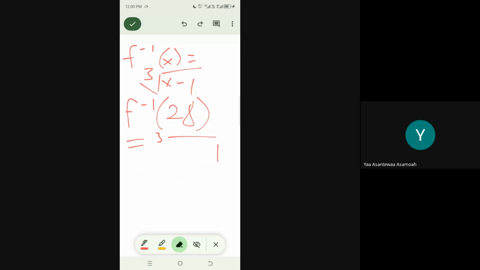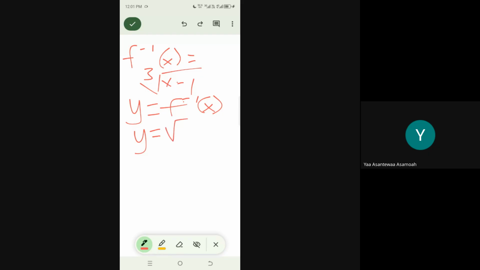So I want us to find the inverse of f inverse of x, which is this. Again, we will state that y should be equal to the f inverse so that it will be easy to solve. So now y becomes equal to the cubic root of x minus 1.